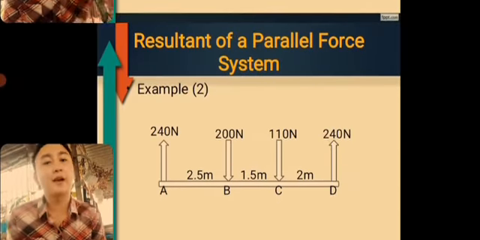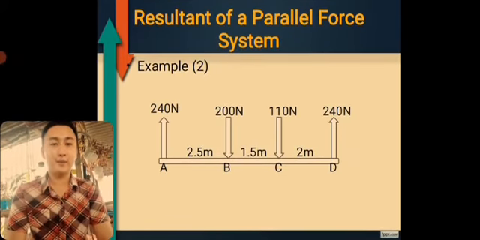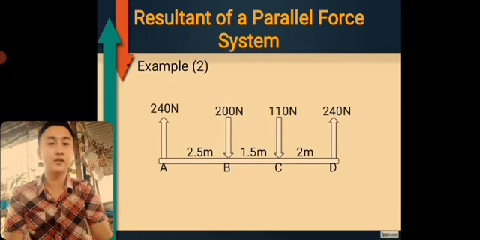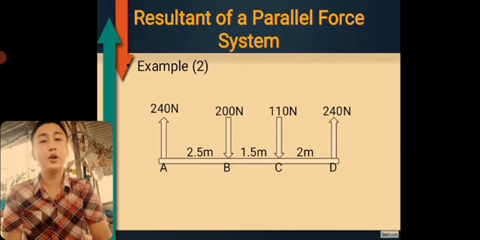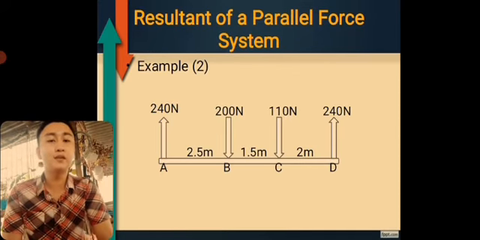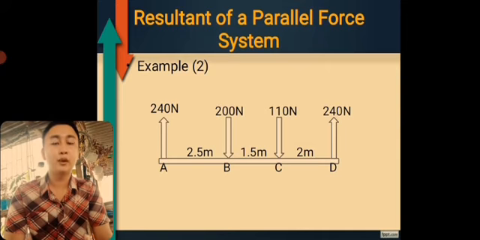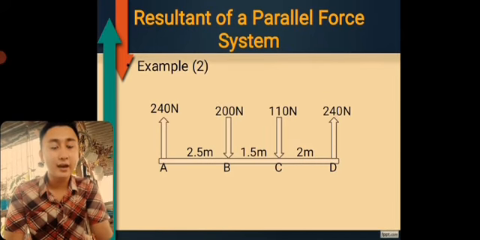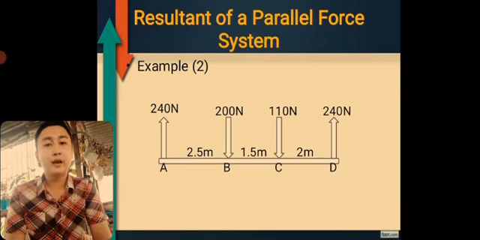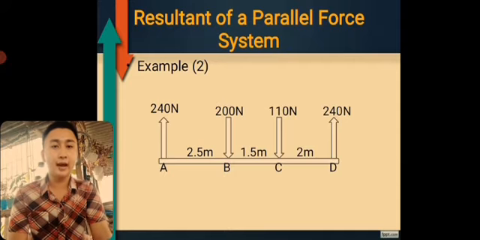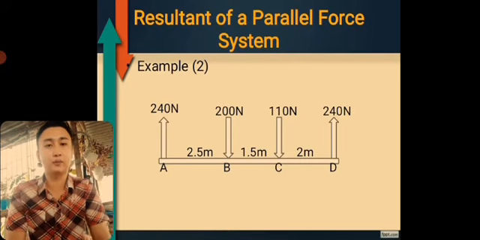For the second example, there are also 4 forces that were applied in the system: point A, B, C, and D. But this time, the force is vice versa. The force is different, and the direction of it is different also.